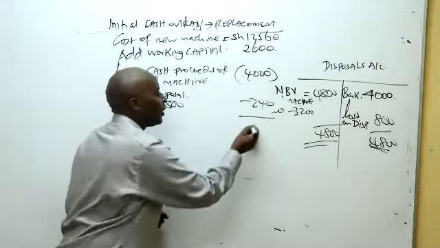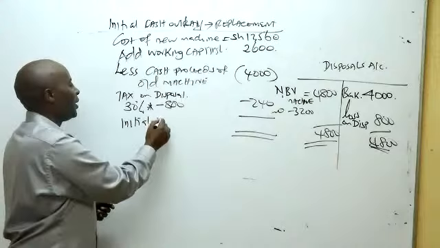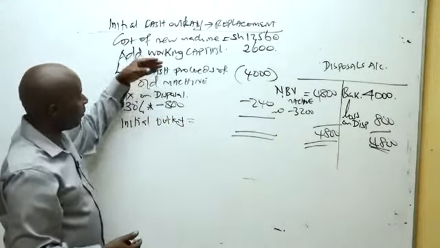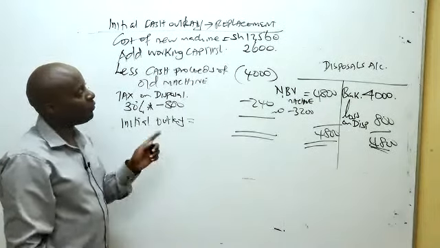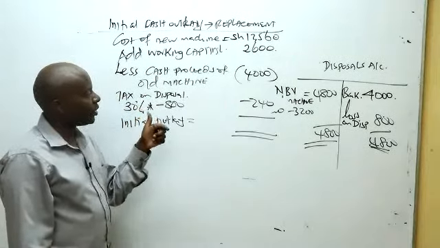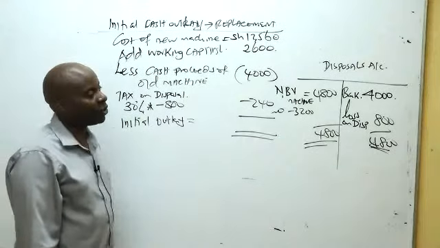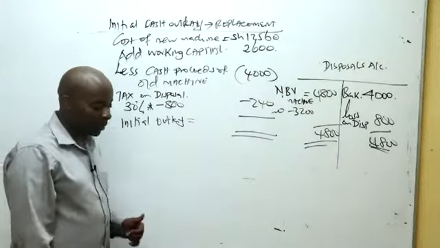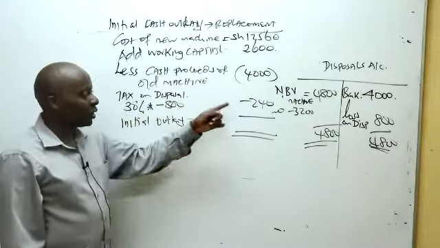Come and give us the initial outlay. Whenever they talk of an existing machine, an old machine, always remember this working. You can even cram it. So we have 12,560 plus 2,600. Those are expenses. These two are our incomes as a result of disposing of the old machine. So in terms of income from disposing of the old machine, we have the sales proceeds, and then we have the tax on this particular loss.